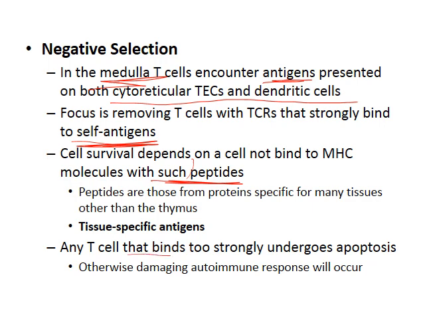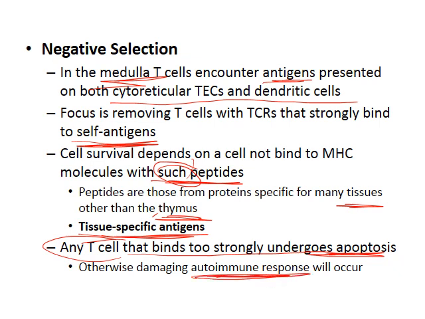If they bind too strongly, they undergo apoptosis. Now, these peptides are tissue-specific antigens, meaning they're from many different tissues in our body other than the thymus. If any T cell that binds strongly to our tissue-specific antigens is released, we have a very damaging autoimmune response.